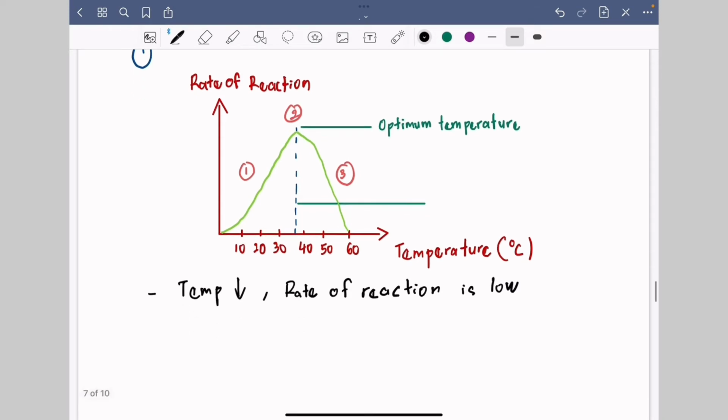And then as the temperature rises, the kinetic energy of the substrate molecules and enzyme also increases.